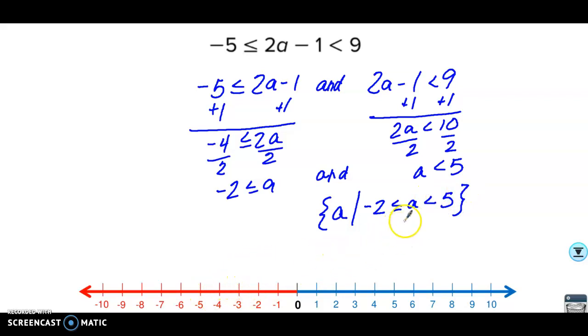Graphing it on the number line, the dot on -2 is going to be colored in, and the dot on the 5 is going to be open. Okay. And a is greater than -2 and less than 5, so we're going to color in all of the space in between the two dots.